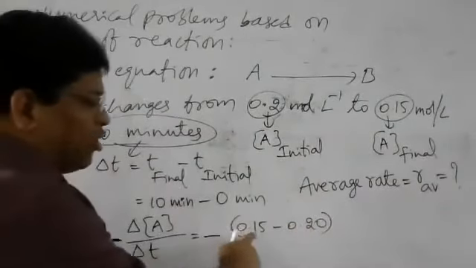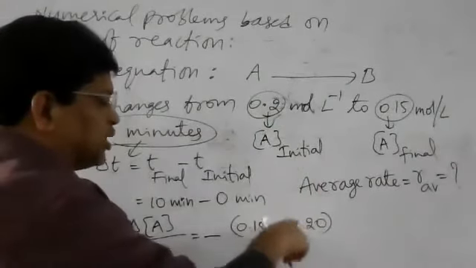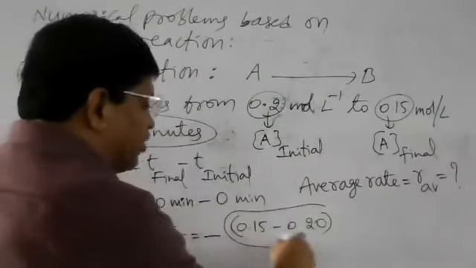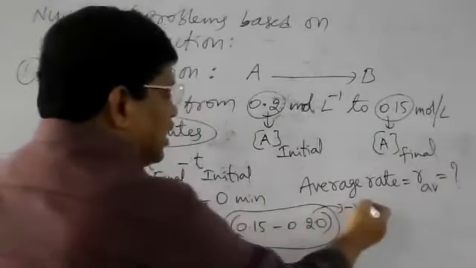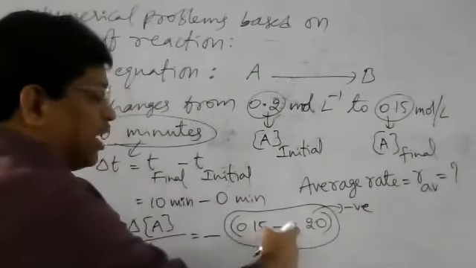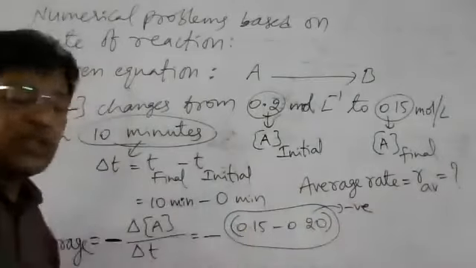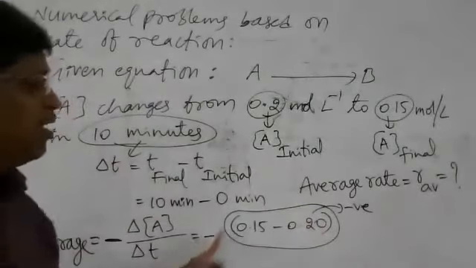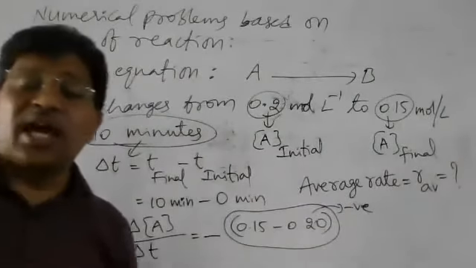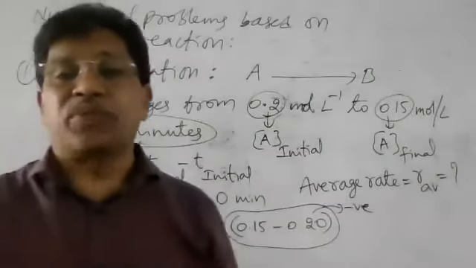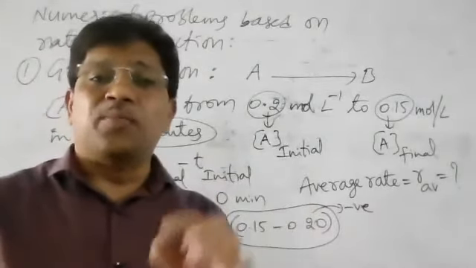So this is a lesser value minus a greater value, which gives a negative value. Then minus of minus becomes positive. The rate of reaction can never be negative; the rate of reaction must always be positive.